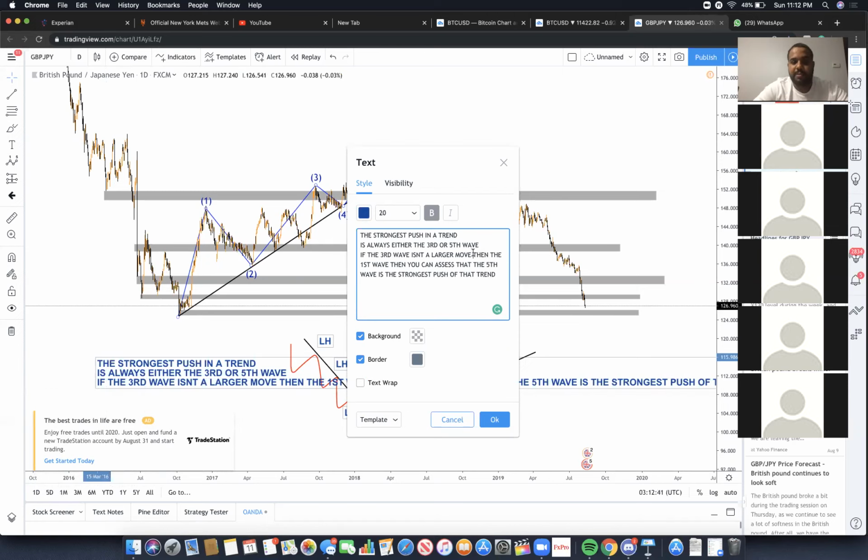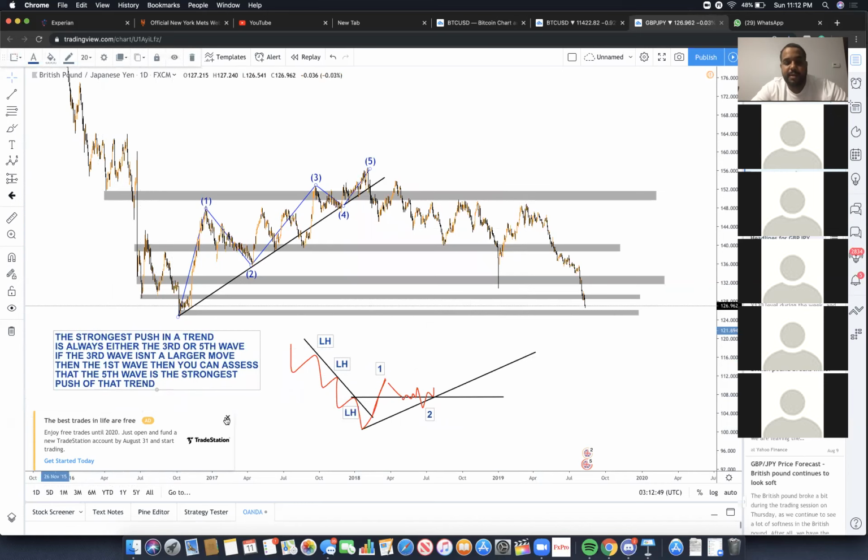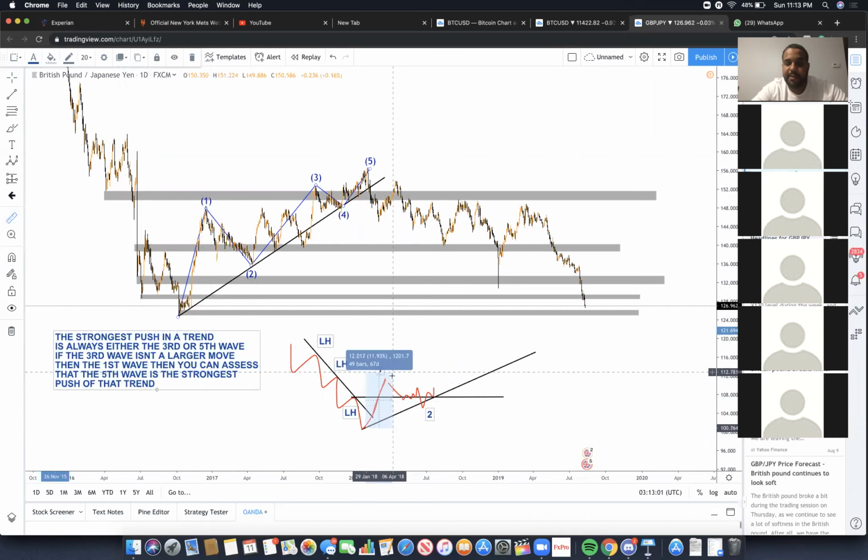So let me separate this. Again, the strongest push in a trend is always either the third or the fifth wave. If the third wave is not a larger move, and what I mean by a larger move is in terms of pips, right, or price. So this was 1,081 pips, right?